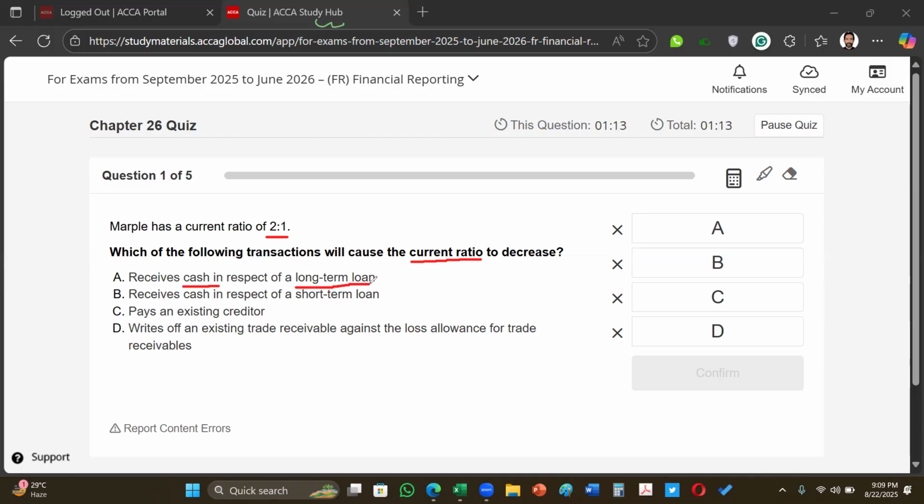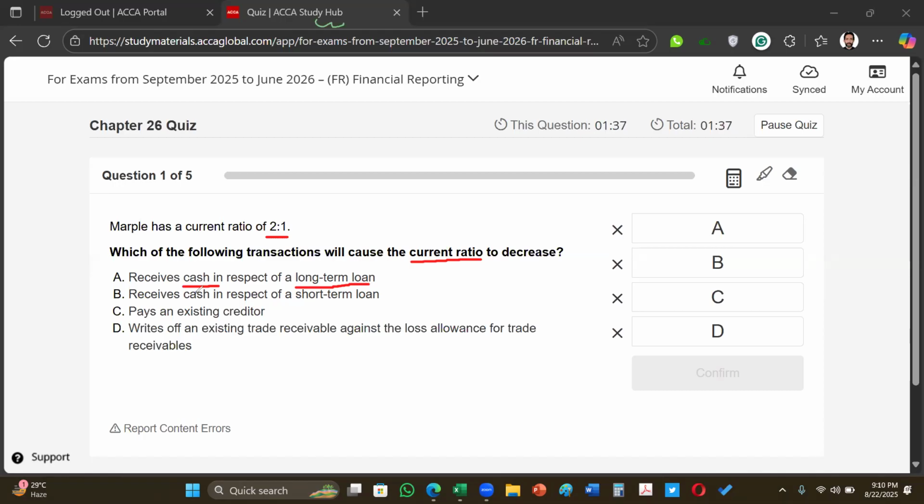The long-term loan is not going to have any impact on the current ratio, because the current ratio has the current assets and the current liabilities. The long-term loan is a non-current liability. So clearly, when only the assets are increasing, the current ratio is going to increase with the first option.